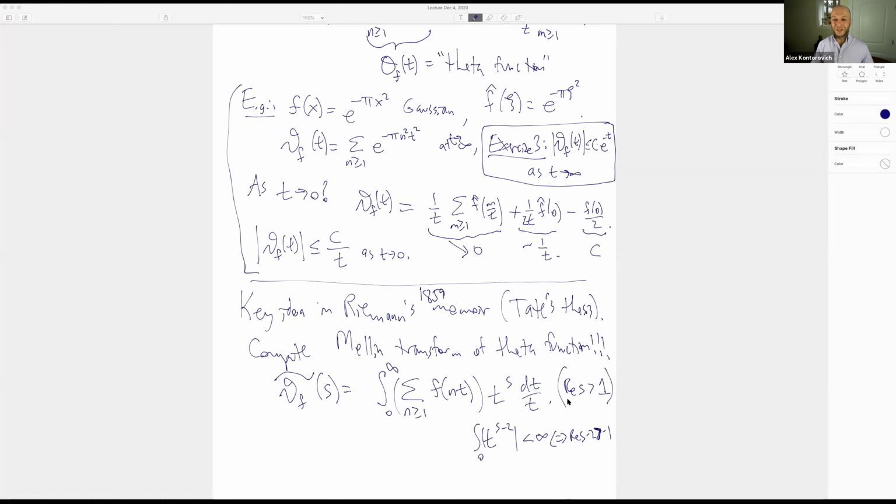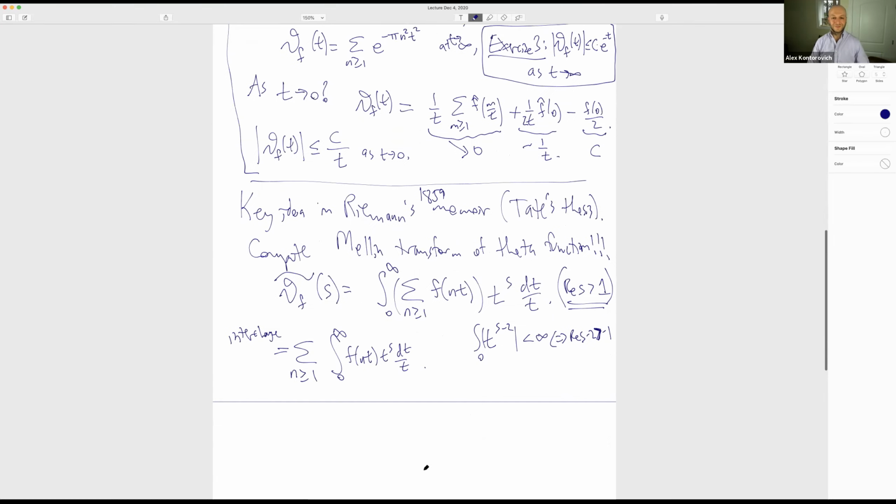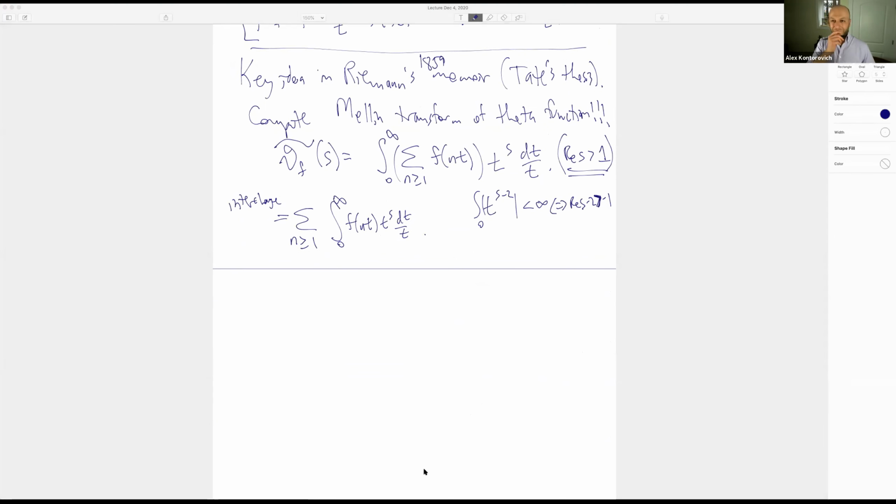So if the real part of s is greater than 1, we have no problem interchanging summation and integration. We have absolute convergence. Okay, and then we have the sum of the integrals from 0 to infinity of f of nt, t to the s, dt over t. So far, so good?